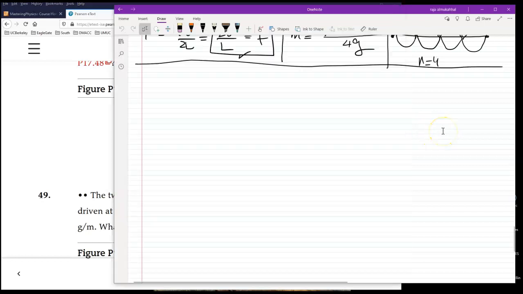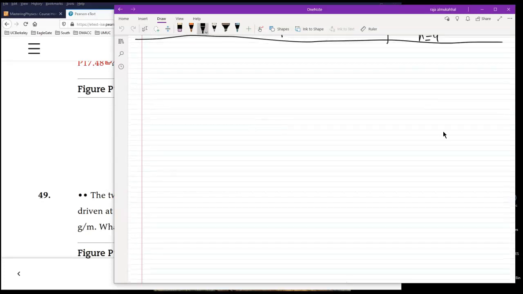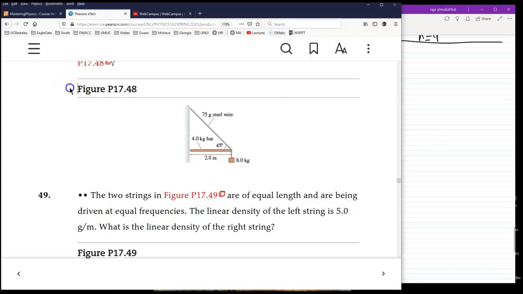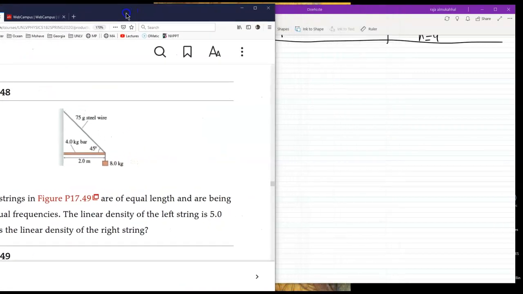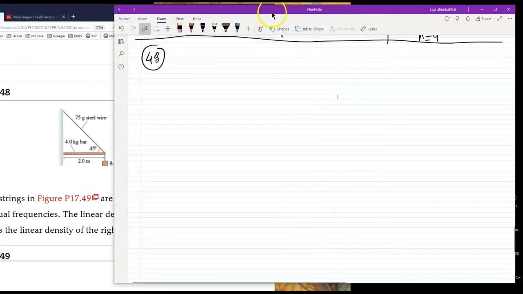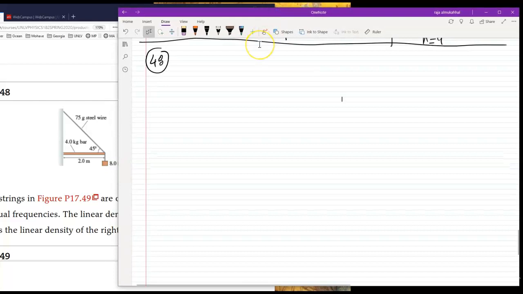So first I need to draw the free body diagram. So I have here problem number 48. Maybe I should put it on the side so you are seeing it. There we go. Okay, so the first thing I need to do is to draw the diagram. I'll put it here.